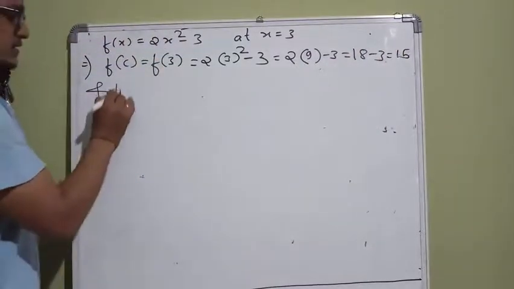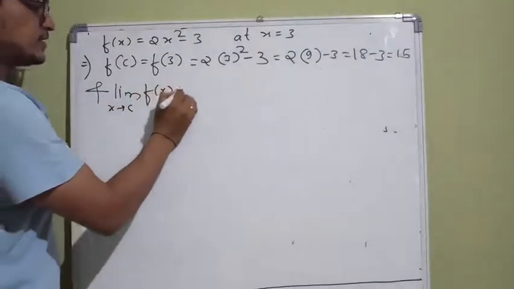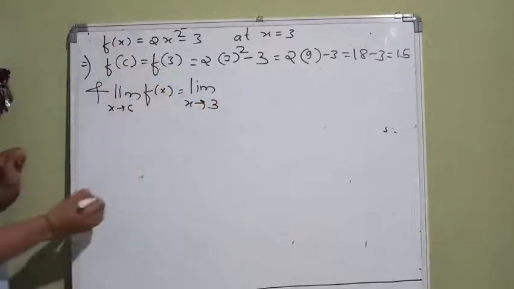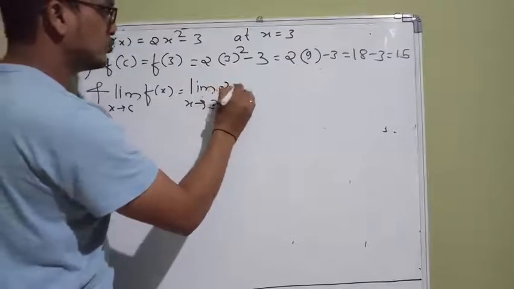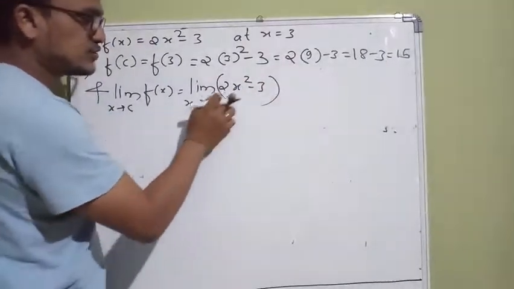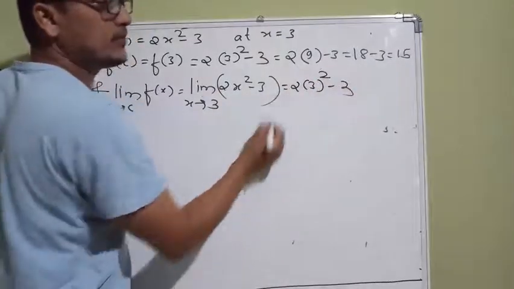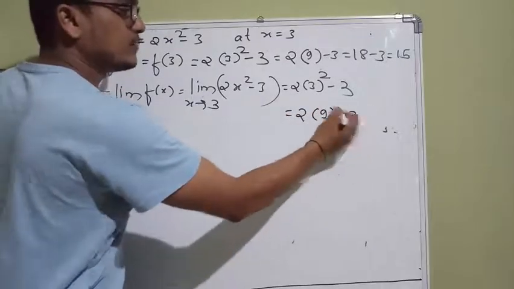And limit x tends to c, f of x, which is equals to limit x tends to 3, because c is 3 here, and f of x is 2x square minus 3. Now put x tends to 3: 2 into 3 square minus 3, which is 18 minus 3.